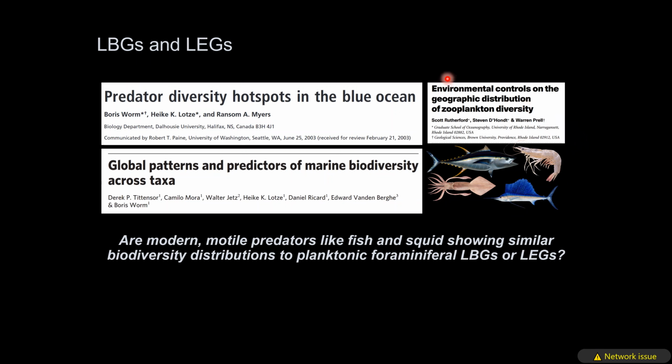And the key question is, considering that this relationship between LBGs and LEGs breaks down in worlds 4 to 5 million years ago, when CO2 levels are equatable to how they are in the modern day, are our modern motile predators, which are key trophic resources for humanity, are their distributions similar to planktonic foraminiferal LBGs, or are they similar to LEGs?